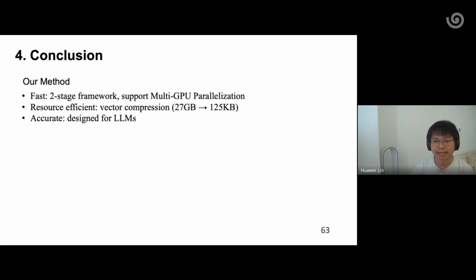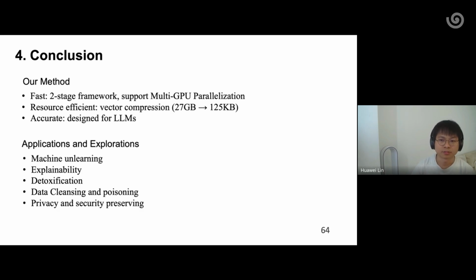Besides, our method is designed for large language models, so it can be easily implemented. And to the best of my knowledge, this is the first method for influence estimation in large language models, so a lot of applications and improvements can be explored.